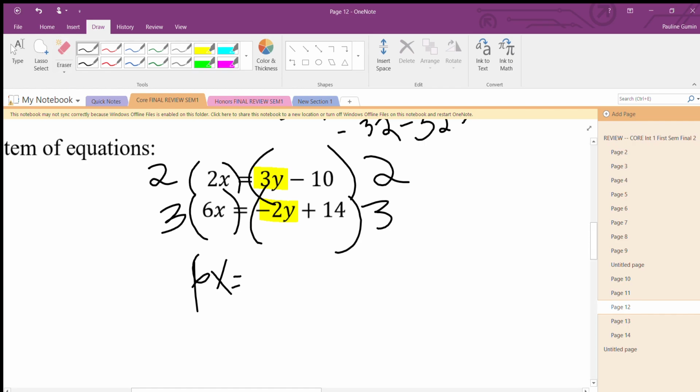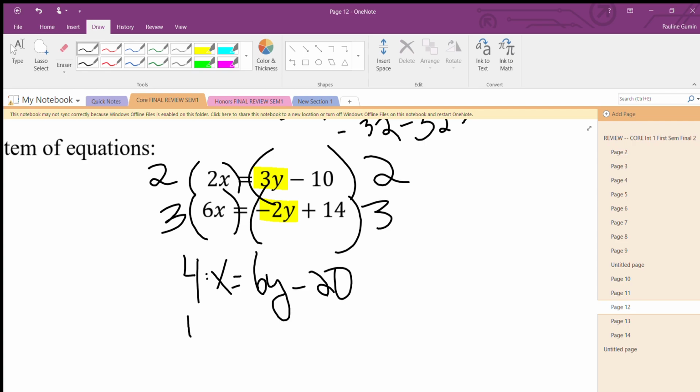This is a 4x. The 6x is after the equal sign. There we go. Thank you, Mr. Eraser. 4x equals 6y minus 20, and then 18x equals negative 6y plus 42.